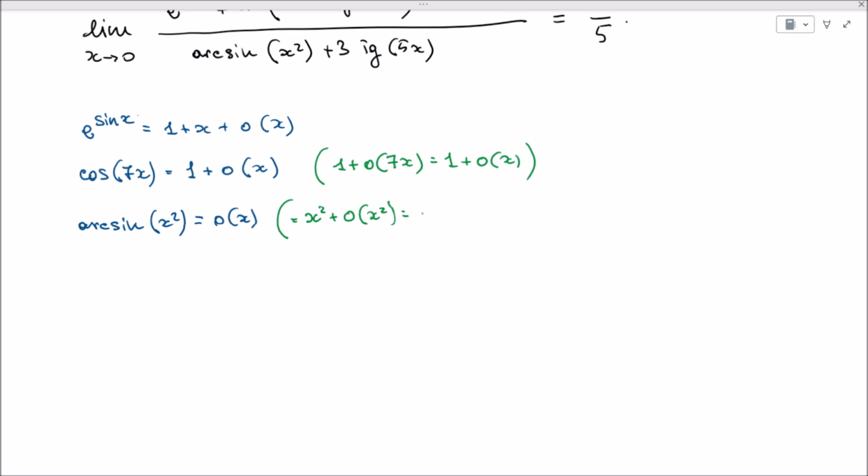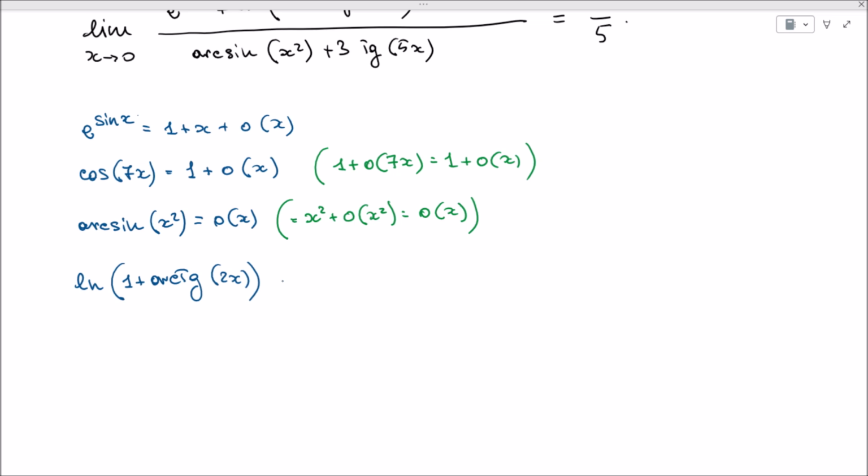Then we have at the denominator the logarithm of 1 plus the arc tangent of 2x. And well, this can be expanded in 2 steps.